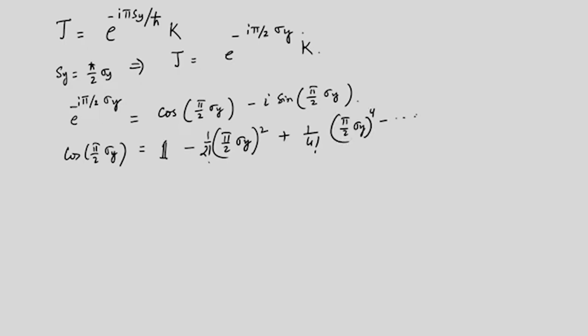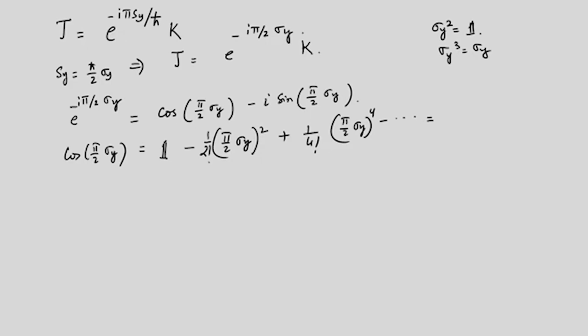So, there is a plus minus. Now, if you remember the properties of the Pauli matrix, sigma y square equal to 1, and that gives you that sigma y cube is equal to sigma y and so forth. So, each even power of sigma y will give us 1 and each odd power will give us simply sigma y.